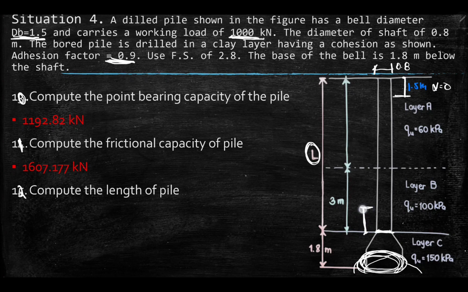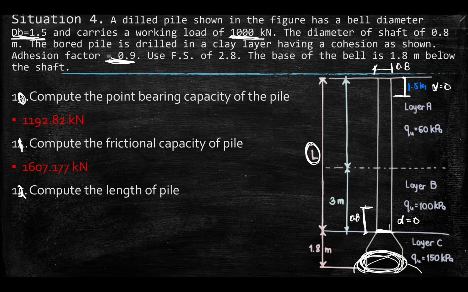Di ba ang 1 diameter natin is 0.8. So, ang alpha daw dito is equal to 0. Okay? So, for drilled piles, again, alpha is equal to 0 from the top, 1.5 below the top, and 1 diameter above the bottom of the shaft, ang ating alpha is equal to 0.